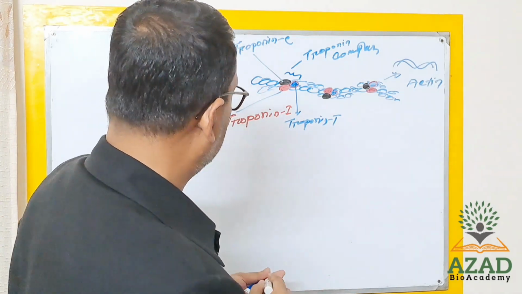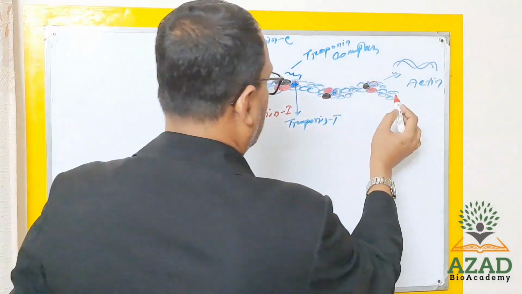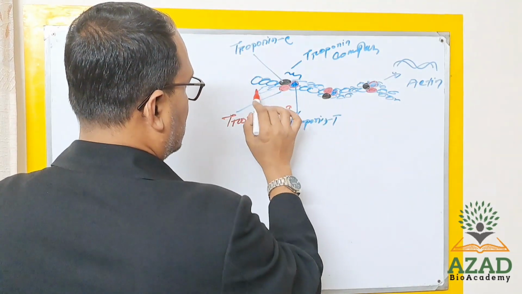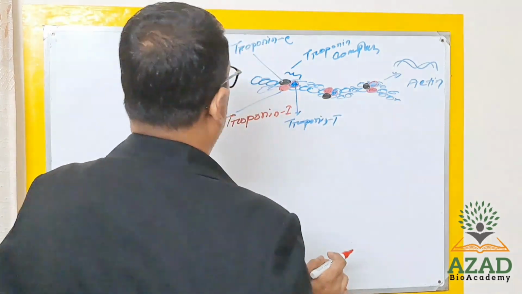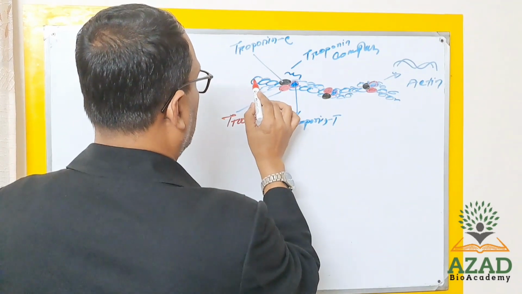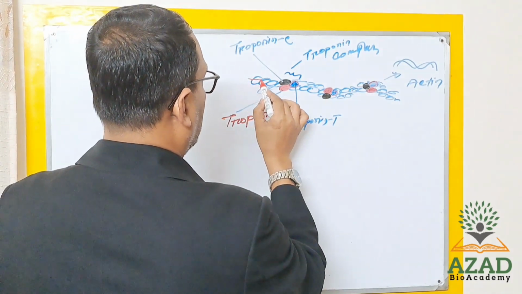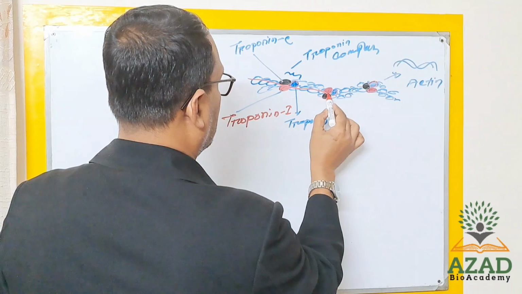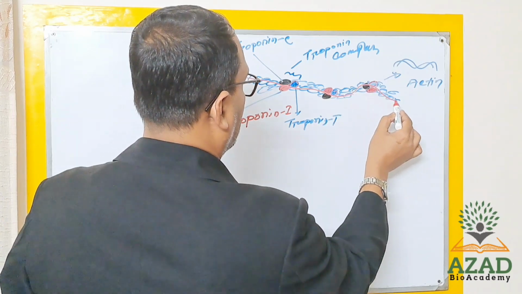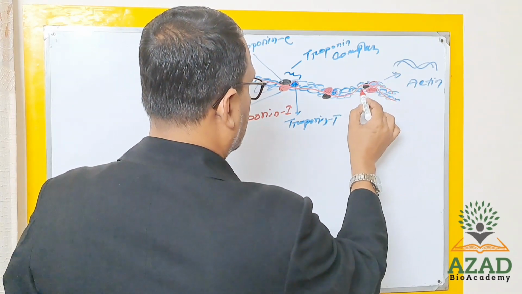So what will happen? Each chain, all the beads are just protected by a layer like that, and also like that.